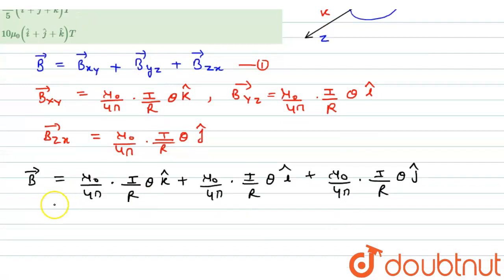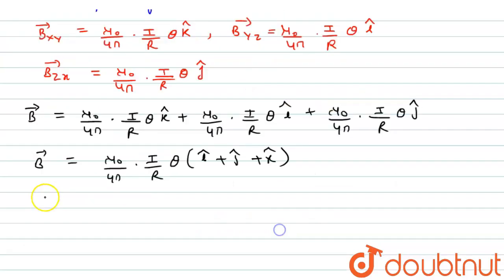We can take common and arrange like this: mu naught upon 4 pi, I by r, theta, times (i cap plus j cap plus k cap). Now we can put the values.